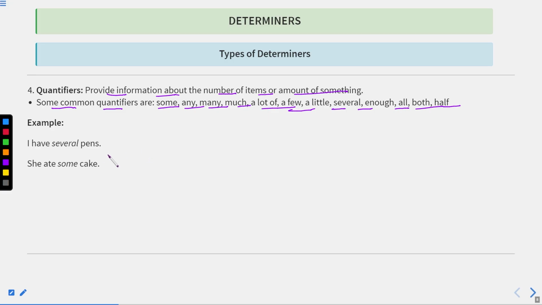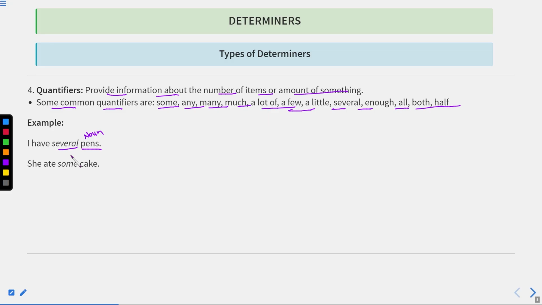I have several pens. Pens are nouns, and I have several pens. Now I know well that if I am using the word several with the word pens, pens are countable. But if I say several, can you tell me exactly how many I'm talking about?